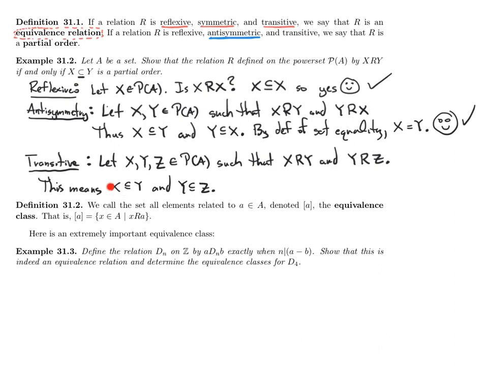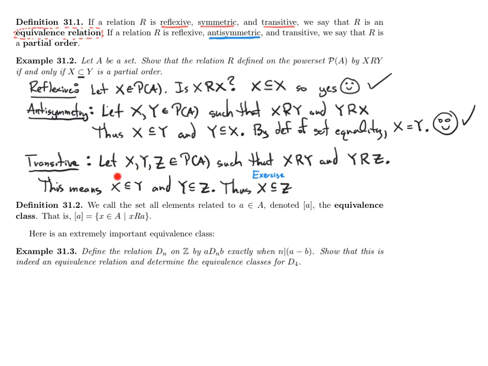If something's an element of X, well, then it's an element of Y, and since it's an element of Y, it's also an element of Z. So that means that X is indeed a subset of Z. And I'll leave this just as a small little exercise for you guys to show that.